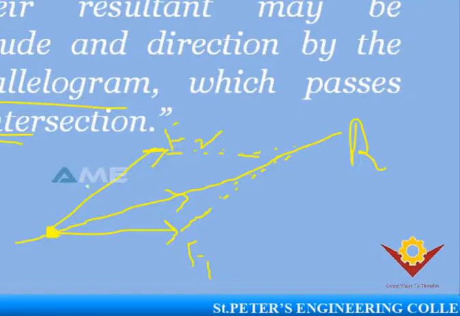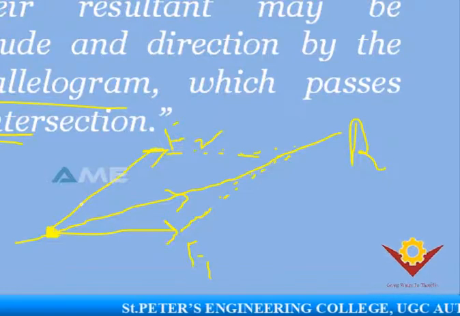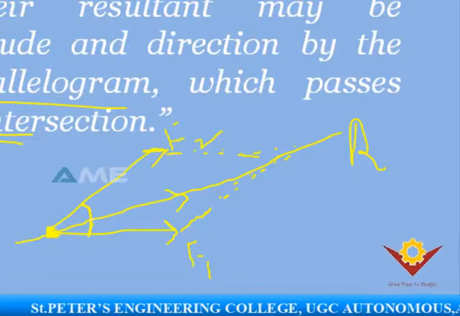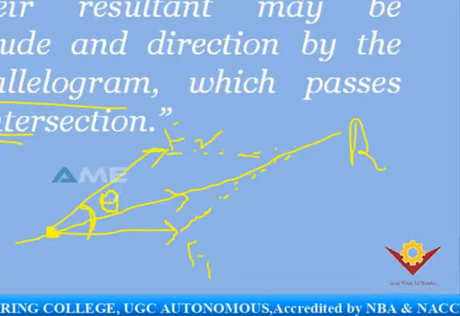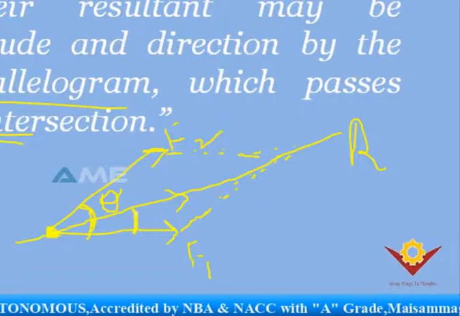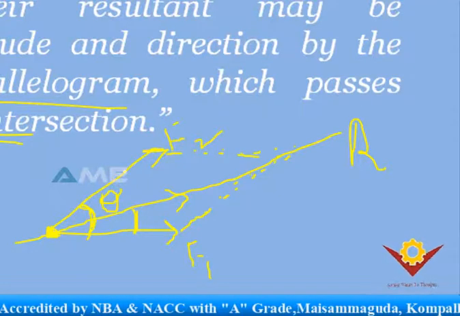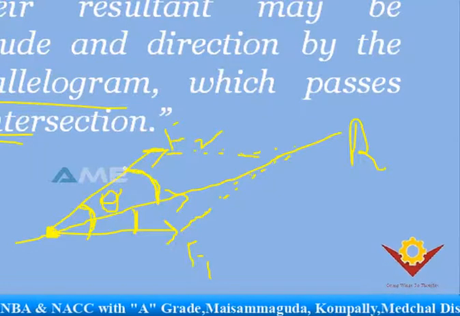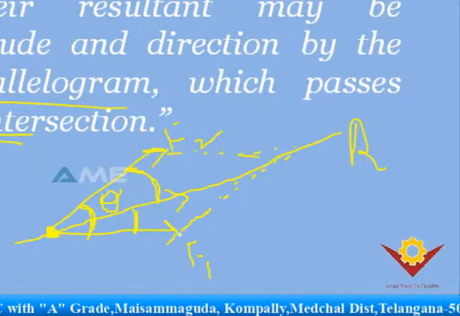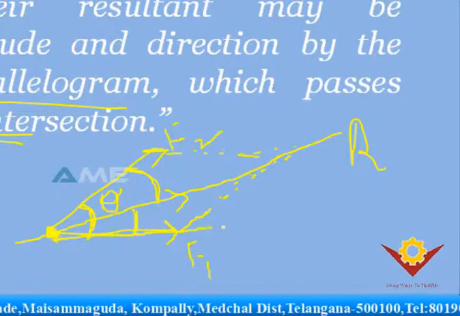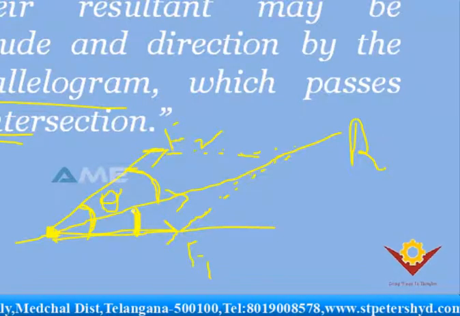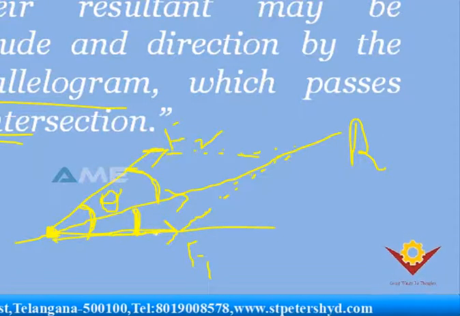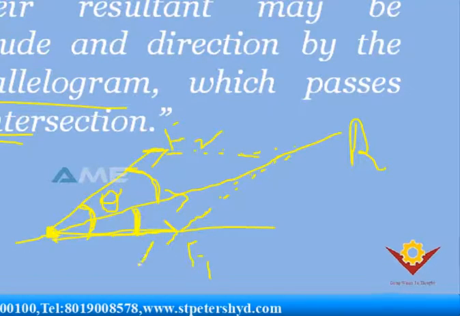Clear? And now the angle between these two forces will be theta, and the angle made by the resultant with the horizontal force or with any other force. We are considering F1 as your horizontal force, so it is very convenient to take the angle with respect to the horizontal force, and this angle will be alpha.